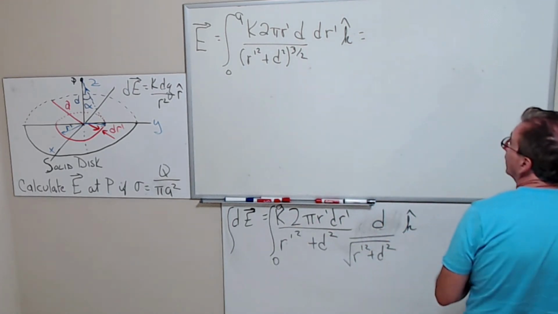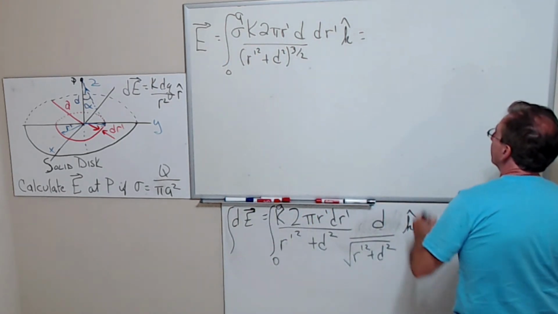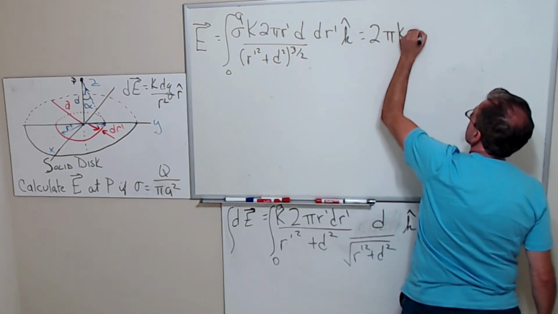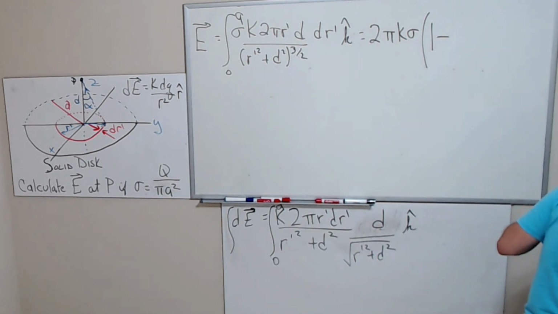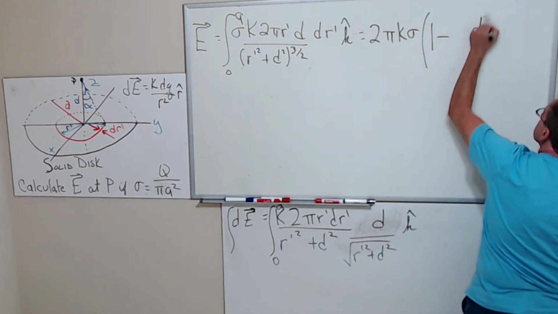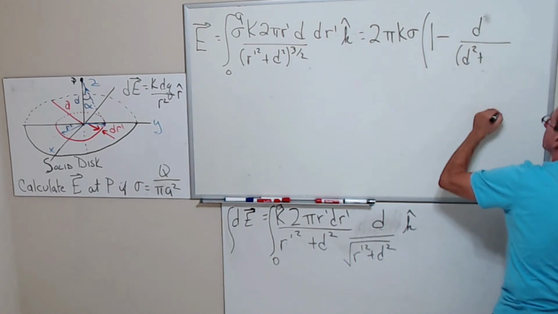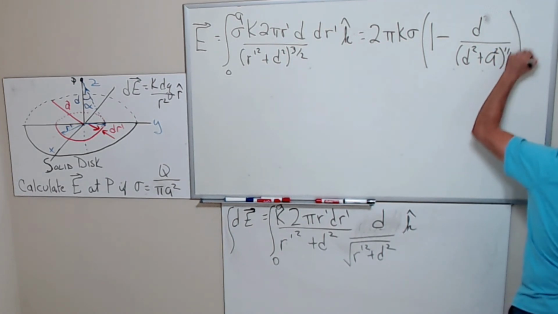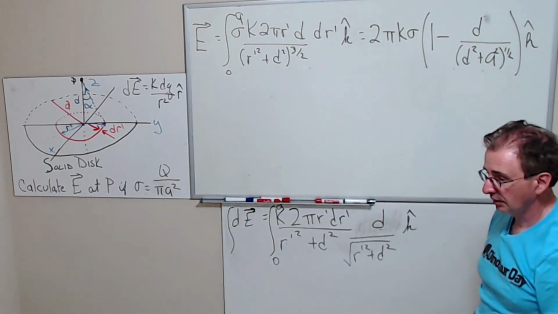And what you get, I forgot my sigma here, is 2 pi k sigma times 1 minus d over the square root of d squared plus a squared, in the k-hat direction. That's it.